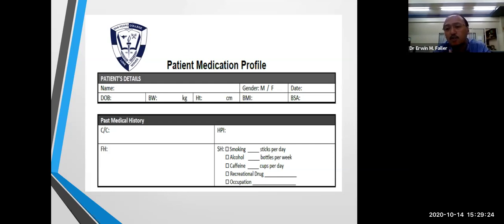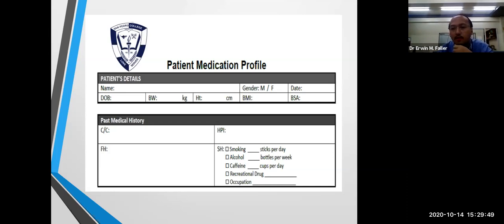So the patient will tell you that she may have a headache, or diabetes, or hypertension. At the very first, this particular patient will go to your clinic, your community setup, or the hospital pharmacy.